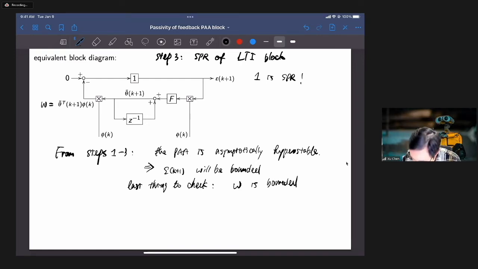Then we will have the conclusion that epsilon k plus 1 will converge to 0.